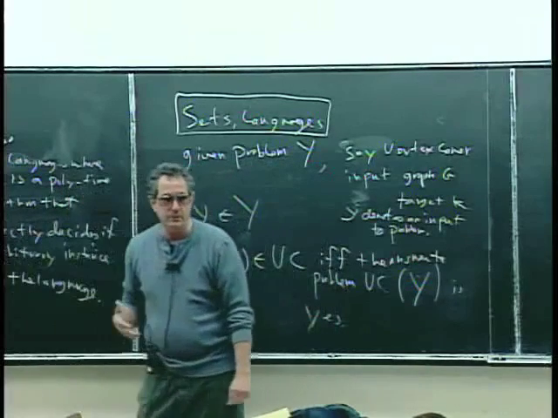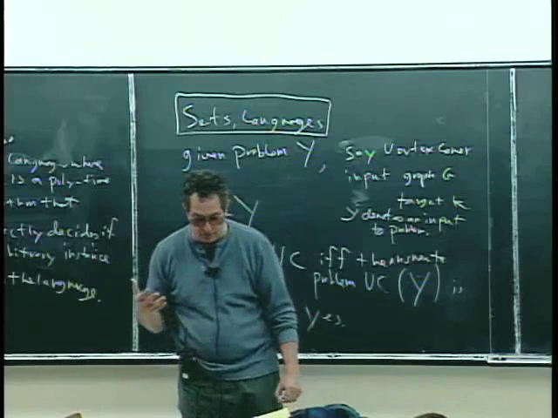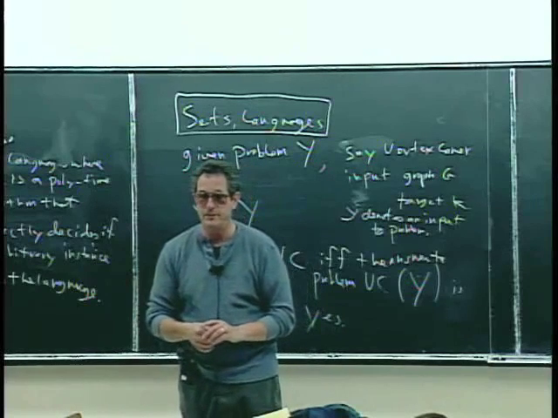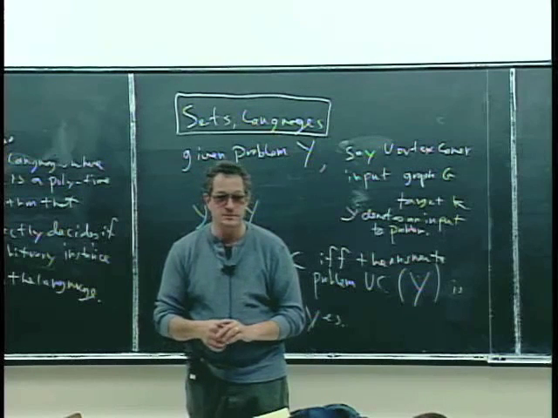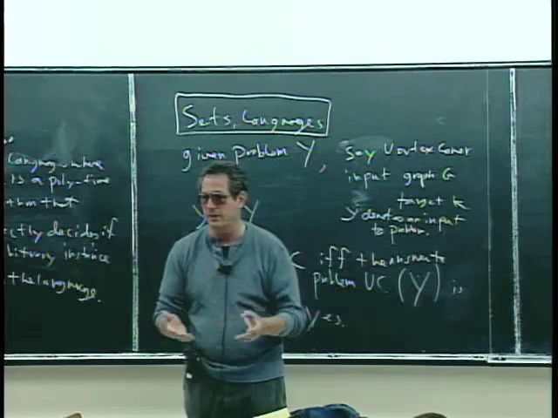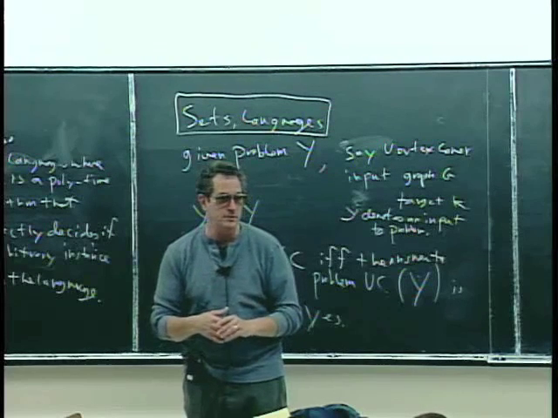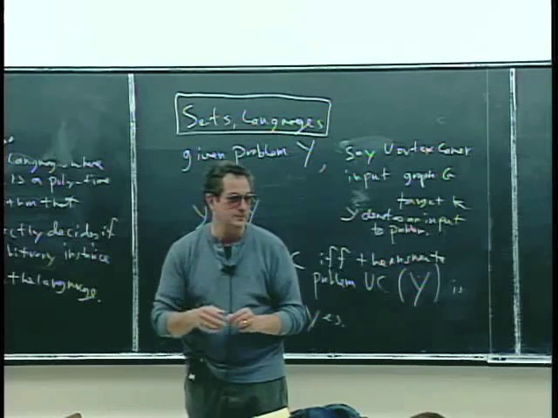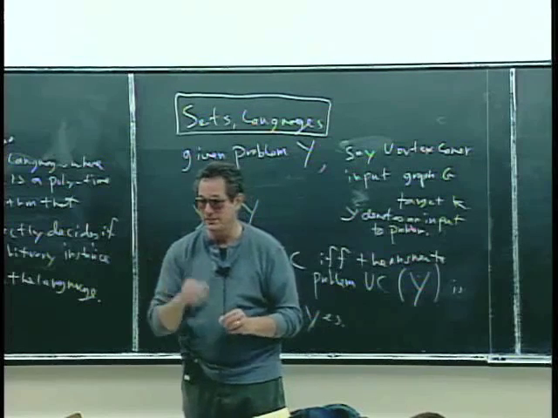What's an example of a problem that we didn't claim was in P in this class? Any problem we've seen where the only algorithms we have for that are exponential time? Well, last time, yeah.